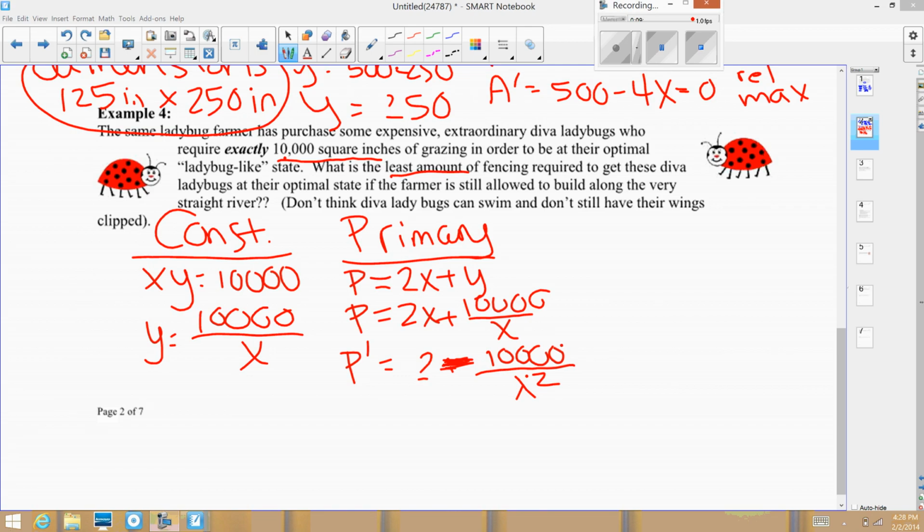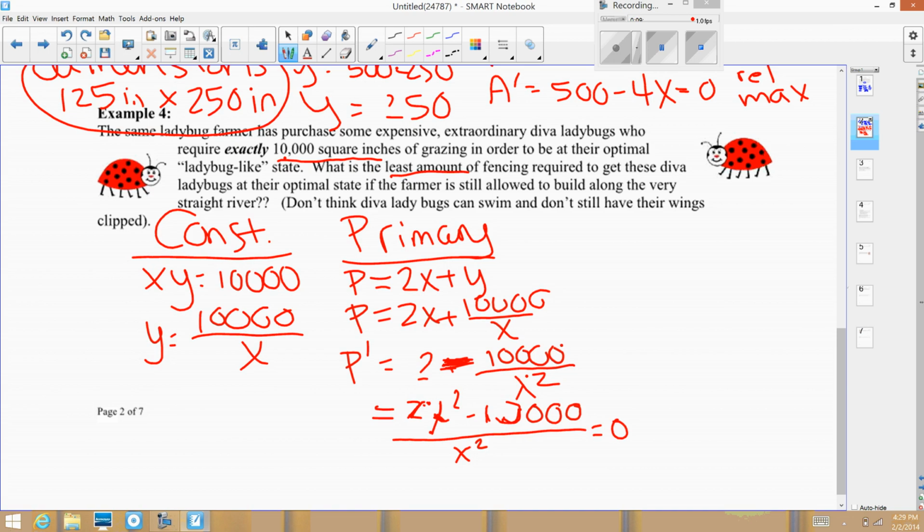So to make this easier, I'm going to combine it into one equation. All right, 2x squared minus 10,000 all over x squared. Okay, go and solve that for 0.